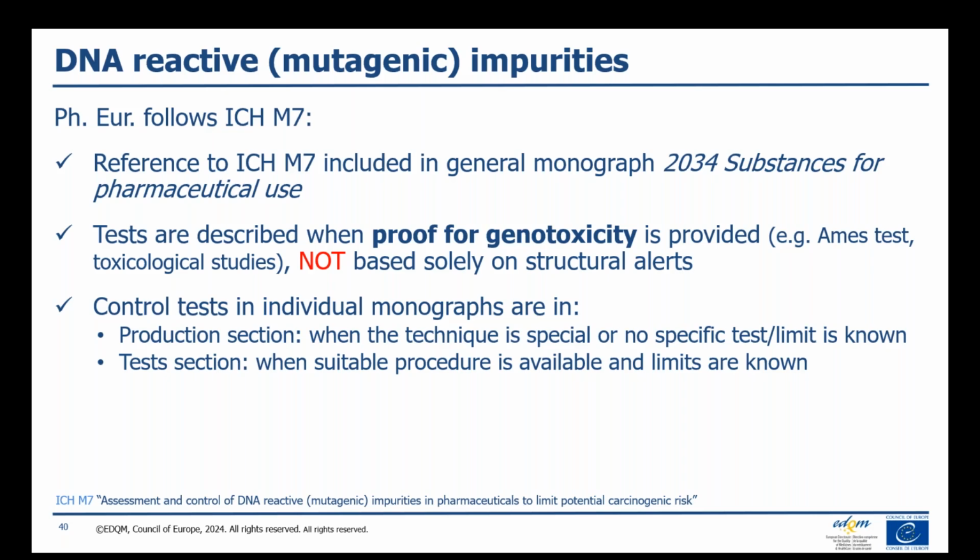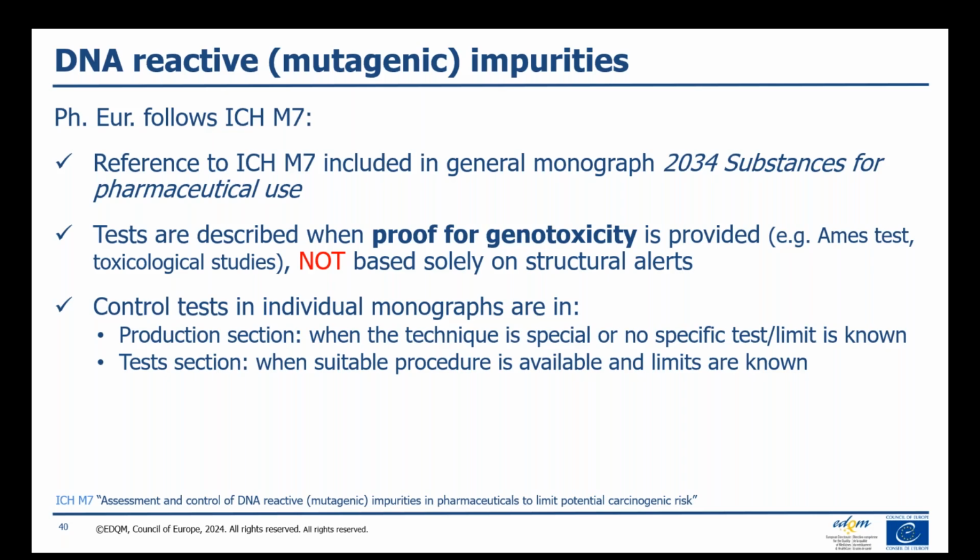Also, something important to know is that we at the EDQM don't assess the toxicological data. We only rely on the assessment done by the competent authority. So for example, if there is a limit, we will put in the monograph the limit as it is approved by a competent authority.